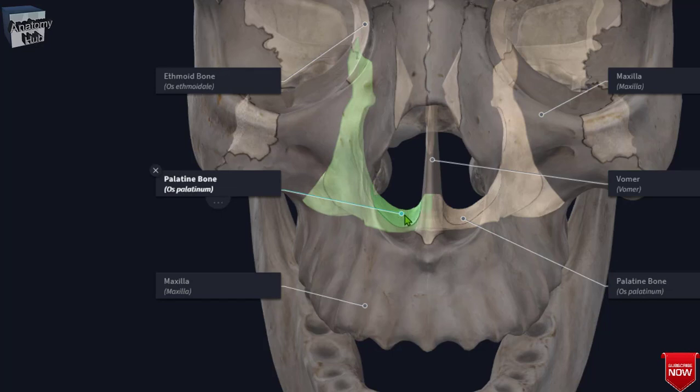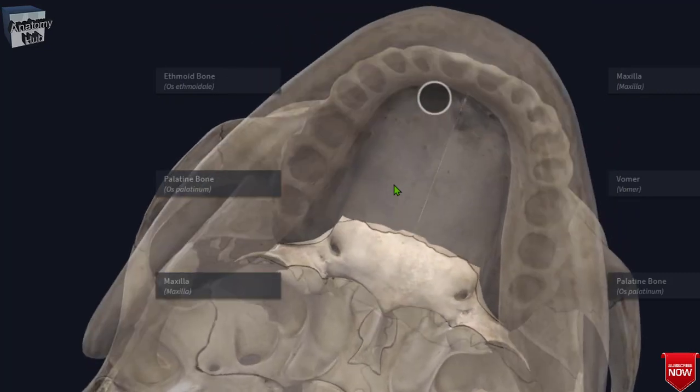The palatine surface of the horizontal plate, that you can see through this view, forms part of your bony palate and has some features. These features are mainly the greater palatine foramen and the lesser palatine foramen.